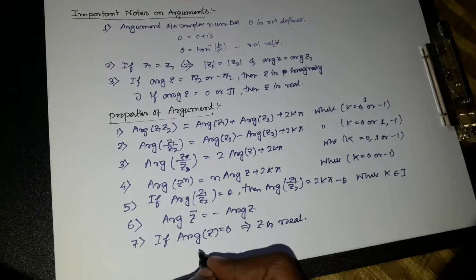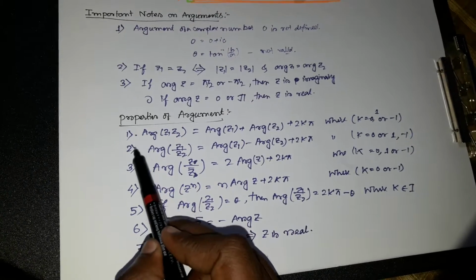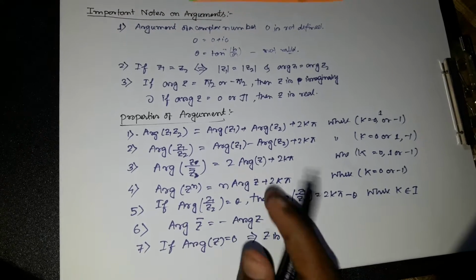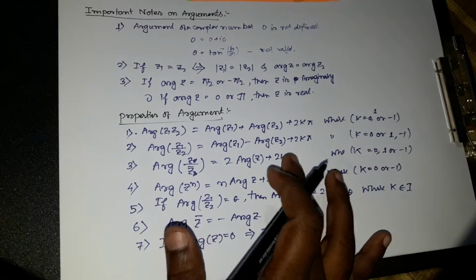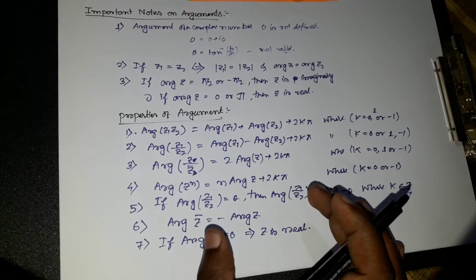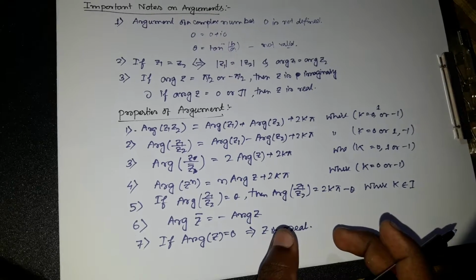Okay, one point must be noted: in properties 1, 2, 3, 4, the value of k must be adjusted in such a way that the left hand side lies in the interval minus pi to pi.